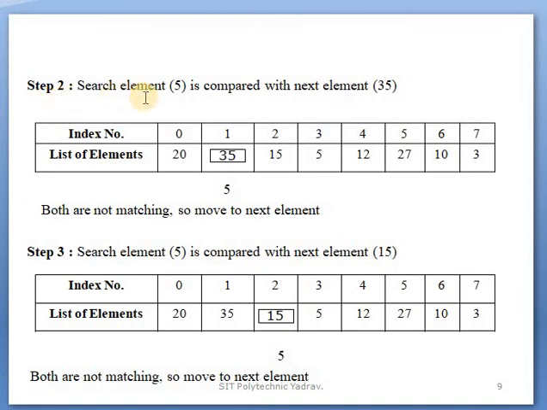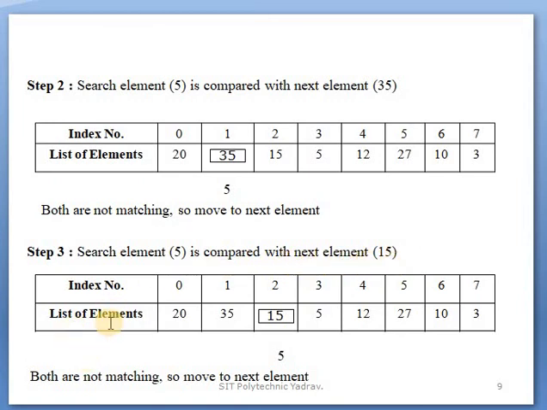Step number 2. Search element 5 is compared with the next element 35. Diagrammatically it shows that 5 is compared with the next element 35. Both are not matching, so move to the next element. Step number 3. Search element 5 is compared with the next element 15.